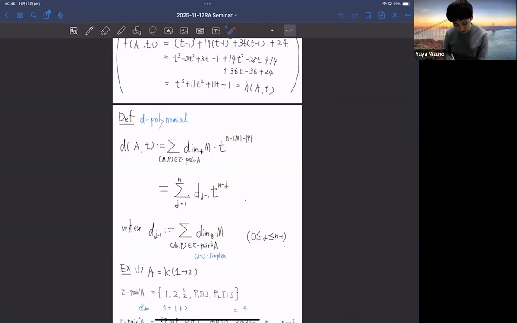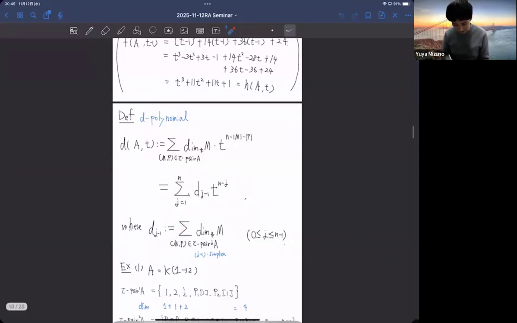We consider all (j minus 1)-simplices, namely tau-rigid pairs of size j, and for these modules, we just count the dimension of M and take the sum of these dimensions. So it means just counting the dimension, so not so difficult a definition.